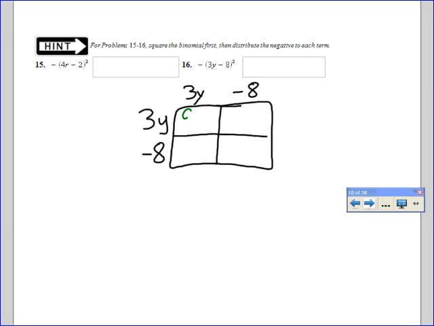Multiply 3y and 3y, that's 9y squared. Multiply 3 and 8, negative 24y. And the other one's still negative 24y. And 8 and 8, positive 64.